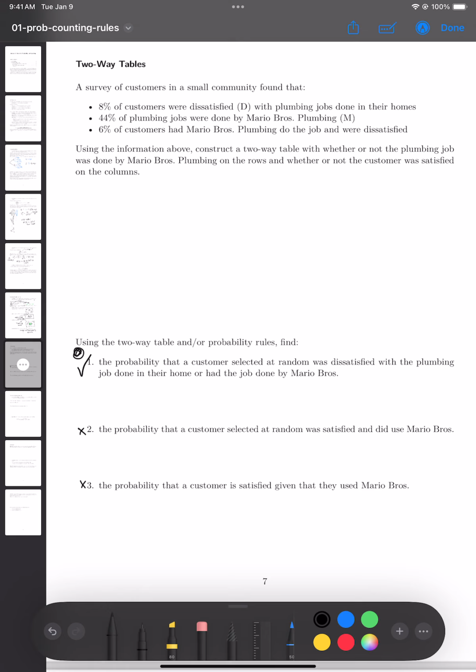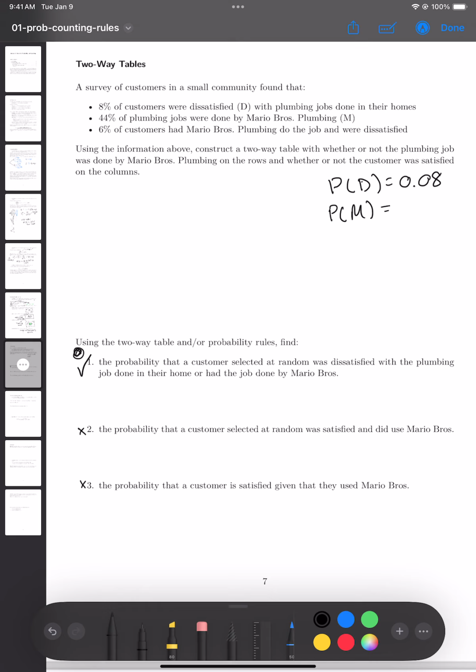So, first things first, though, I think a great strategy, whether or not you're using a two-way table, is to put down some of the information that we have in notation. So we have the probability that a customer is dissatisfied. We're given that that is 0.08. We are also given the probability that a plumbing job was done by Mario Bros.